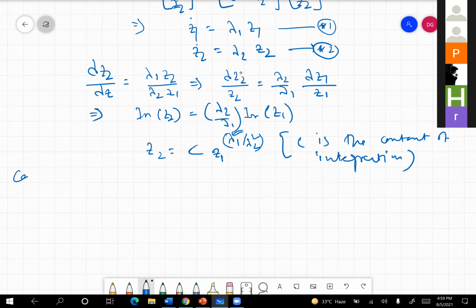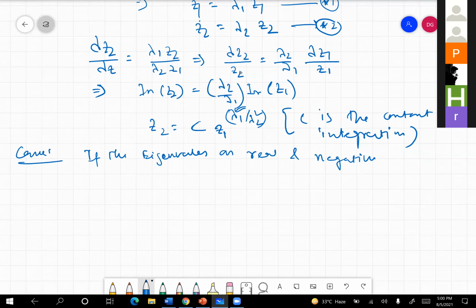Now, case one: if the eigenvalues are real and negative. So in this case, we can get lambda 1, lambda 2 equal to some constant. Now my response is z2 equal to c z1 to the power k, right?